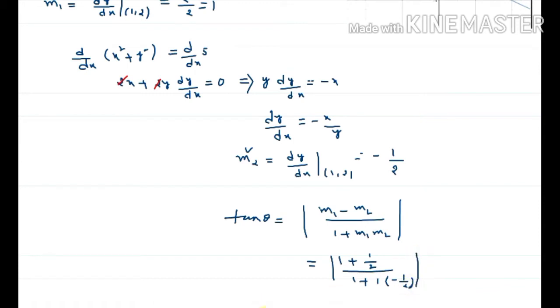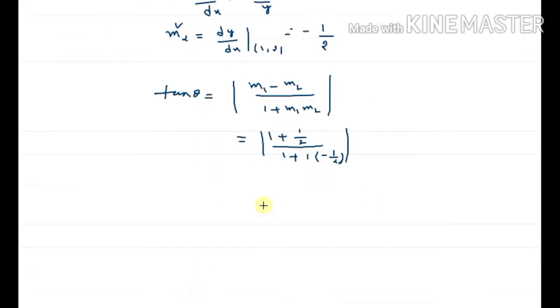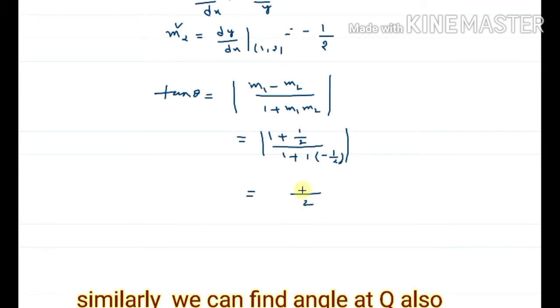On simplifying, the final answer will be, take LCM there. I will take LCM 2 here. 2 into 1 is 2, plus 1 means 3 by 2, divided by, here also I will get LCM 2, 1 into minus 1 is minus 1.